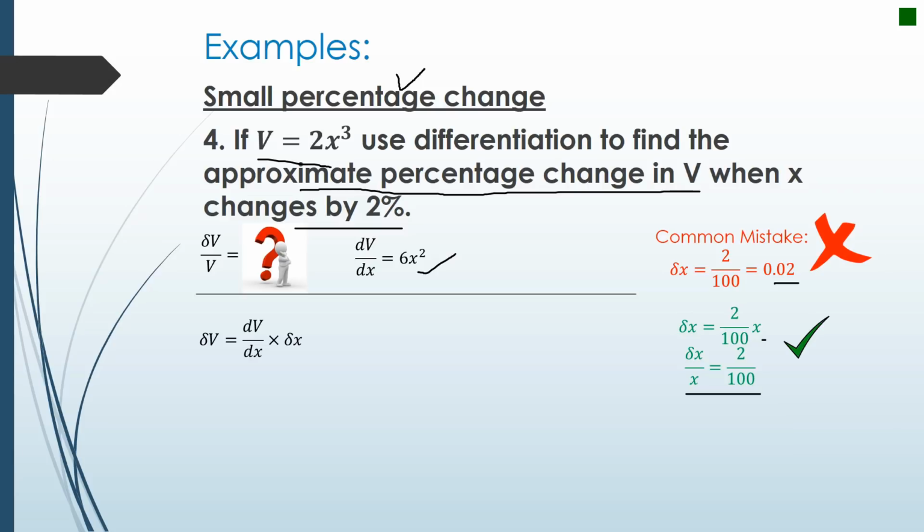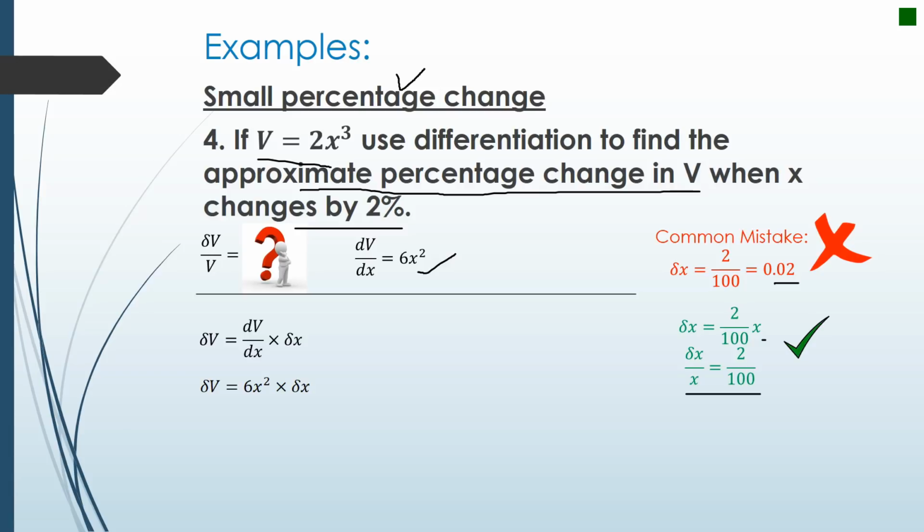First of all, we would like to find out what delta v is. The increments formula tells us that delta v is approximately equal to dv/dx times delta x. So I substitute the dv/dx in the equation.